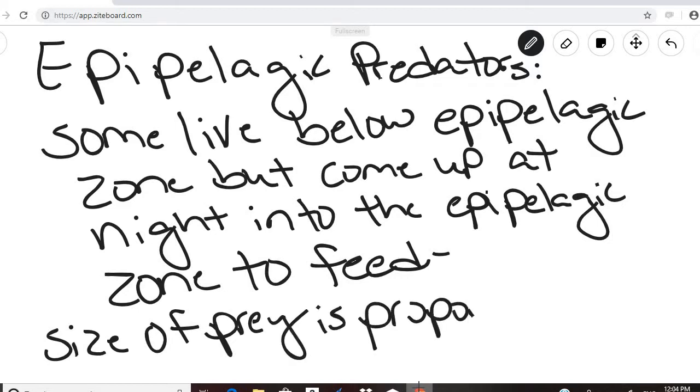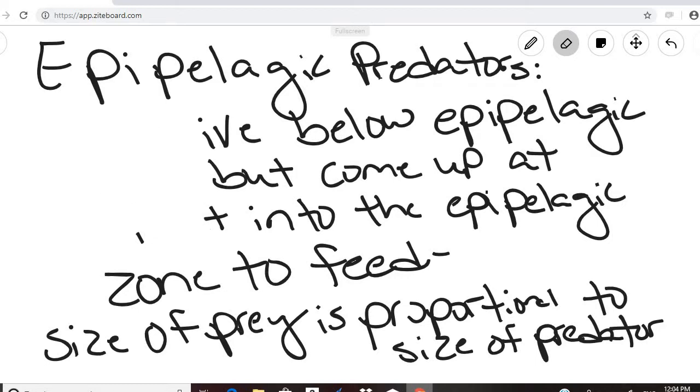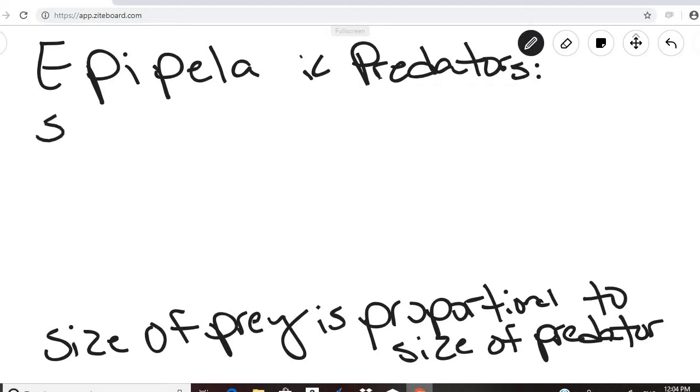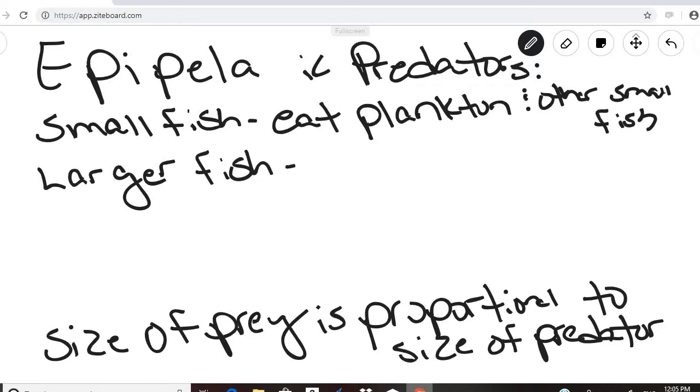And that makes sense. So in other words, the predators within this area, you would get small fish that would eat plankton and other small fish. And then larger fish would eat medium fish.